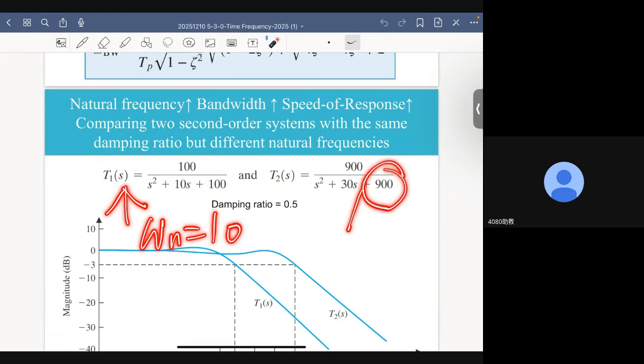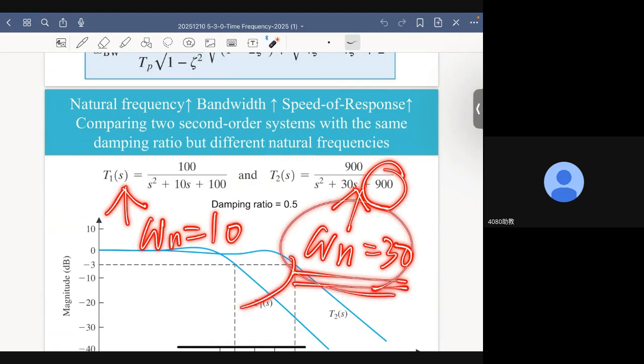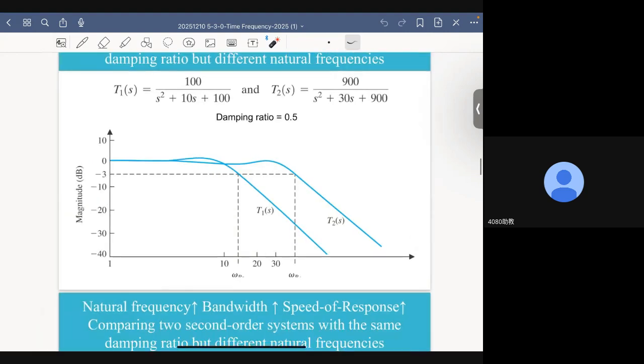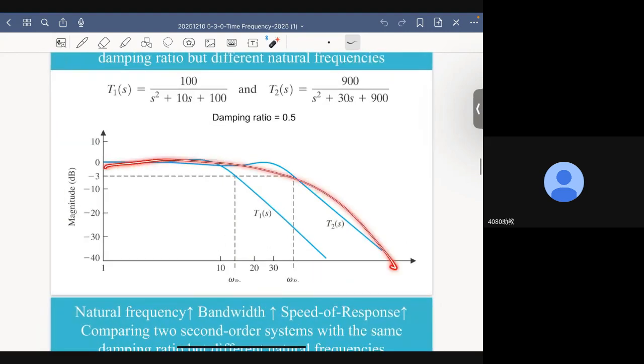Similarly, the natural frequency of this system is 30. So we expect the bandwidth of this system to be 3 times larger than the bandwidth of the first system. This is what we have for their magnitude plot.